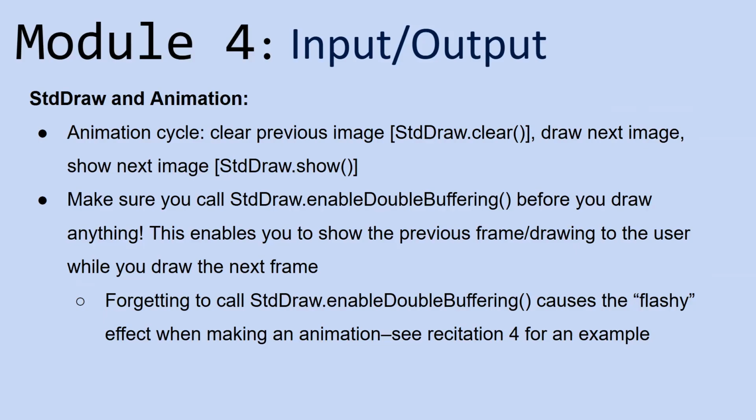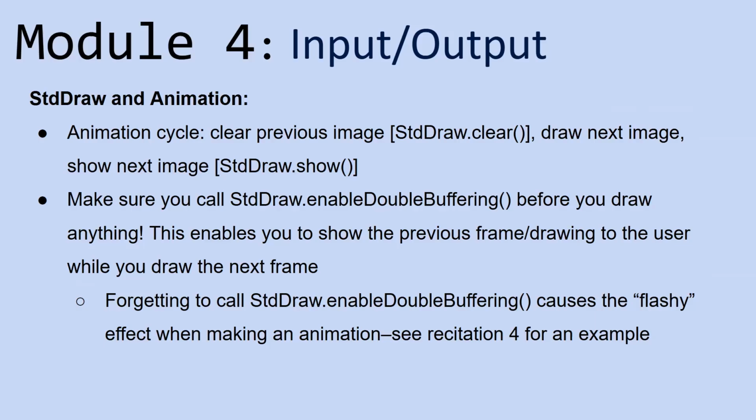And then you want to show that next image whenever you're done with it. And that'll be StdDraw.show. And then you just repeat that over and over again, usually in an infinite loop. The reason you do that is so you clear the previous image so that you're not just drawing right on top of it. That clear method gives you a blank screen to draw the next frame on.